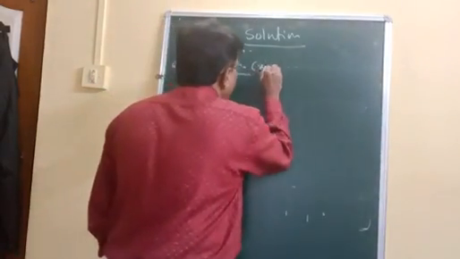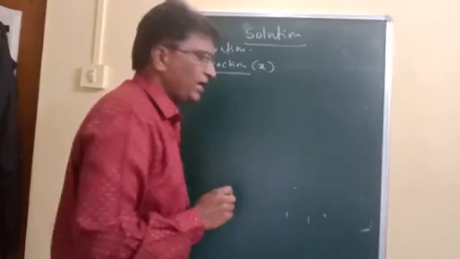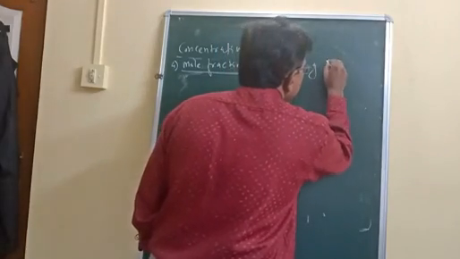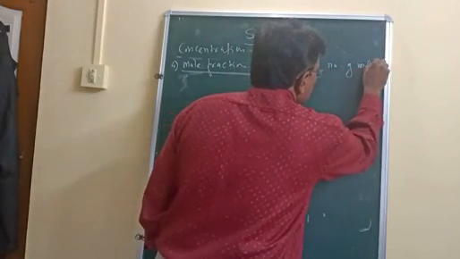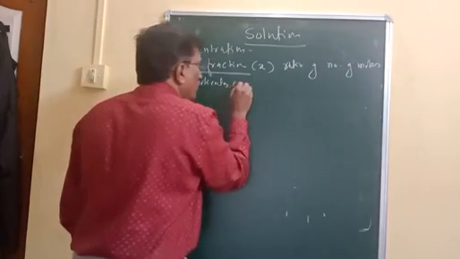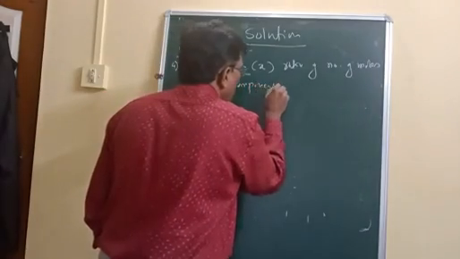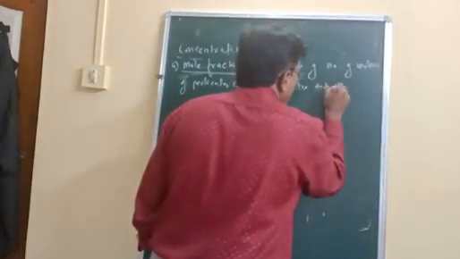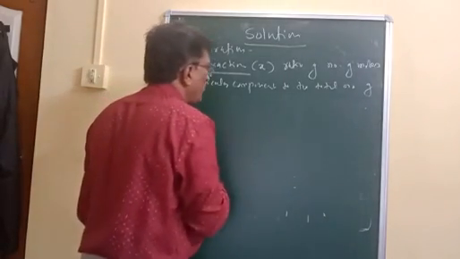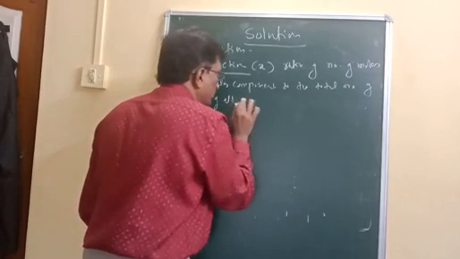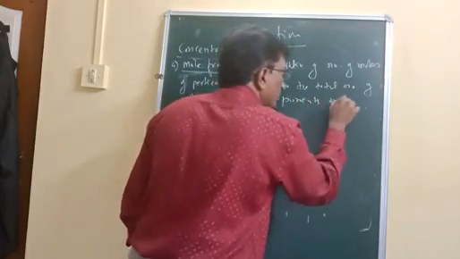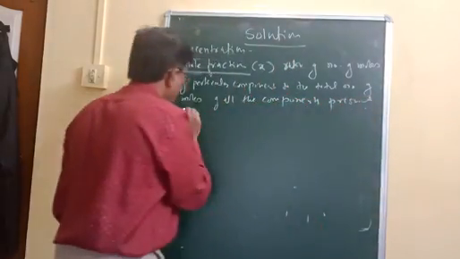Mole fraction denoted by X. It can be defined as, it is the ratio of number of moles of particular component to the total number of moles of all the components present in solution.